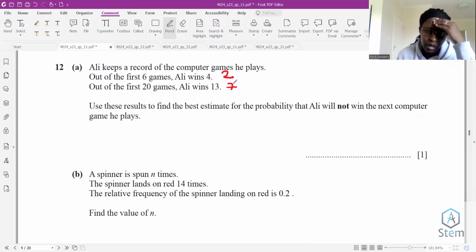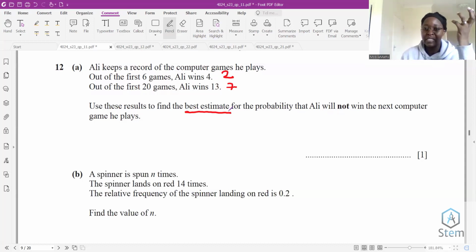Okay, fine. Use these results to find the best estimate for the probability that Ali will not win the next computer game. So basically on this note, it's best, because they say estimate, best estimate. We can use larger numbers, like where he played 20 games, rather than using 6 games, which are fewer.